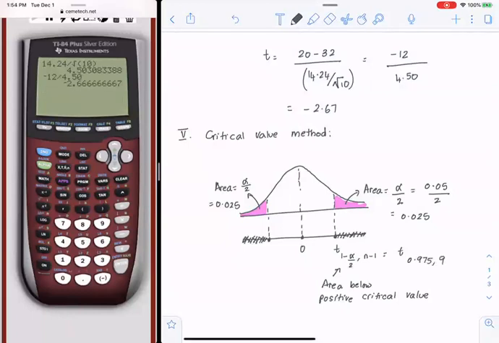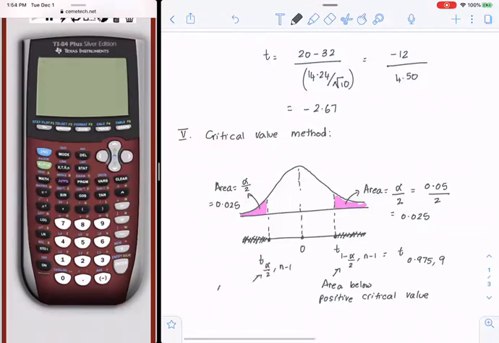Which in our case would be t sub 0.95, 9. Alpha is 0.05, so 0.05 over 2 is 0.025, and 1 minus 0.025 is simply 0.975. The notation on the left-hand side is t alpha over 2, comma n minus 1.